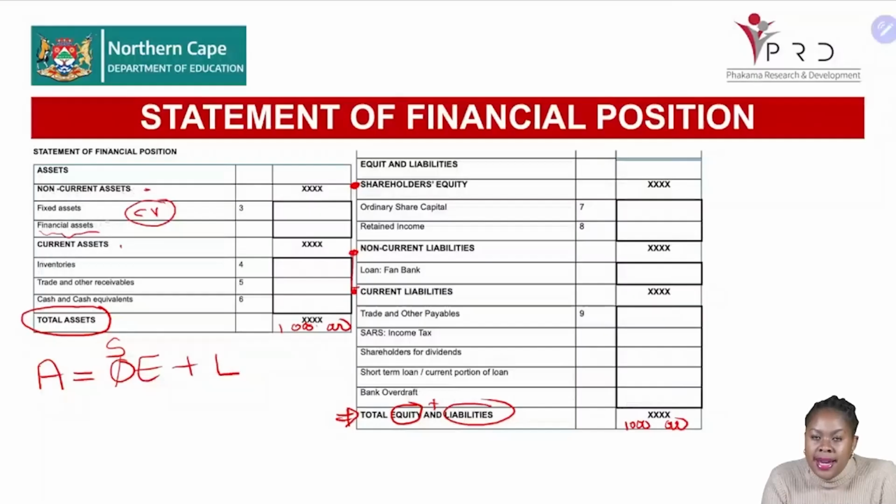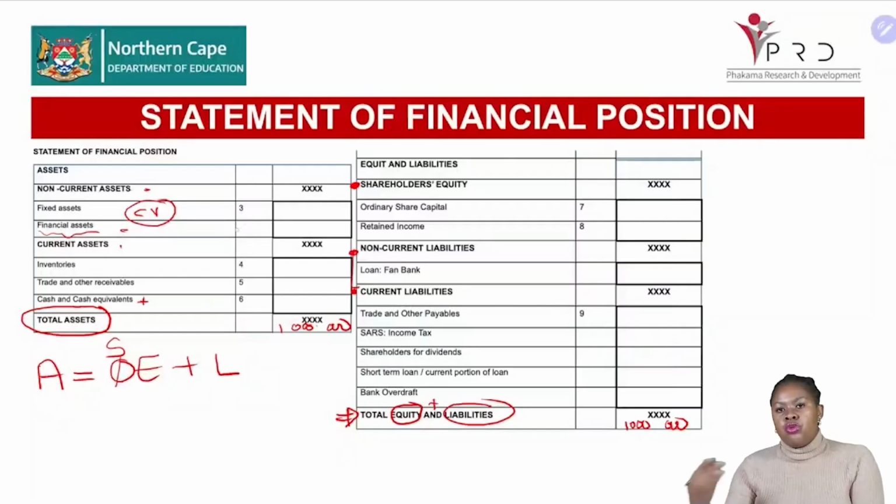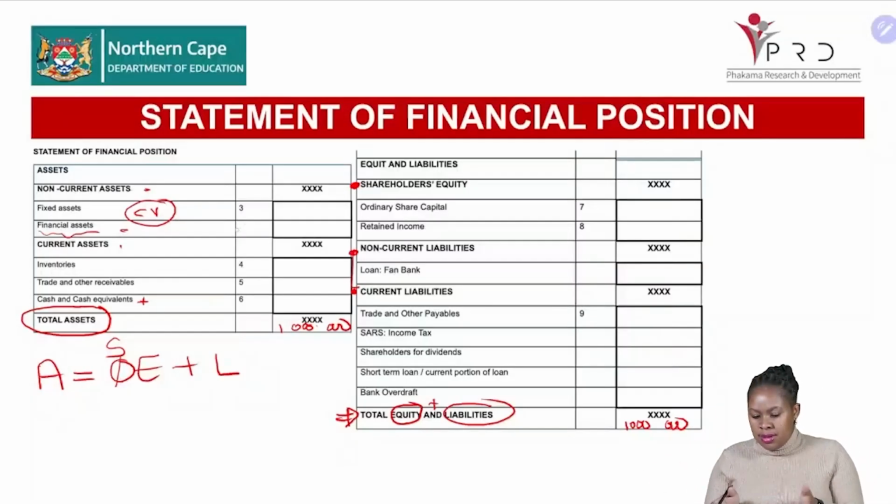If the financial asset is maturing within the financial year or in the next 12 months, then that portion no longer belongs under non-current. It belongs under the current aspect, and we will obviously put it under cash and cash equivalents because it's going to affect our bank account. Our bank account is going to increase because that financial asset will be withdrawn or deposited into our account in the next 12 months.